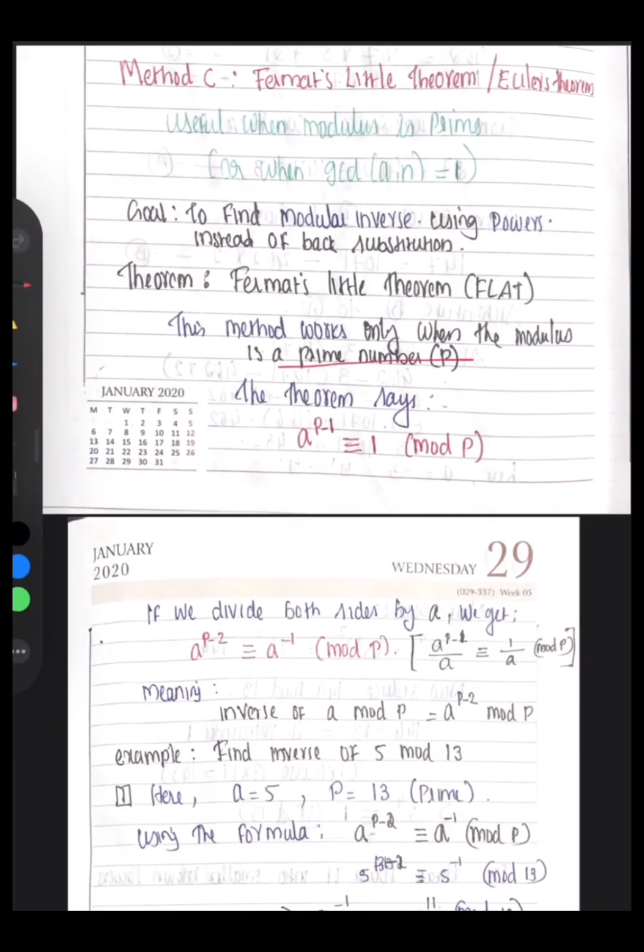The theorem says a raised to p minus 1 is congruent to 1 mod p, if p is prime and a is not divisible by p. Rearrange to get the inverse.